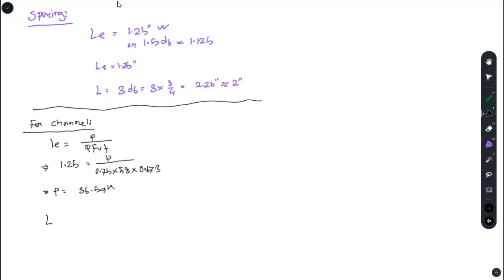And for L value, which is 2 inch, you have P over phi, which is 0.75. That would be multiplied with the same thing, 58 and 0.673.